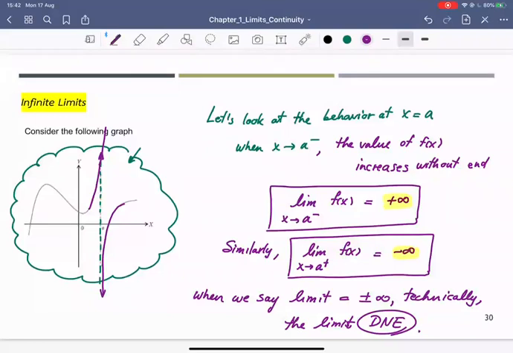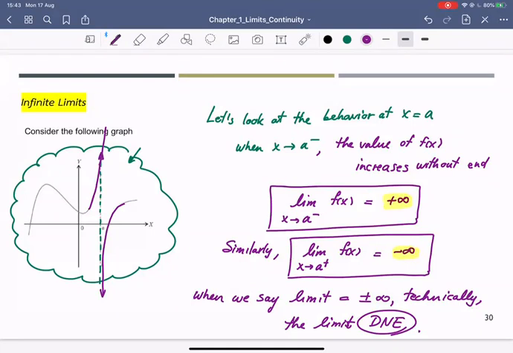Infinity and minus infinity are both notations, they are not real numbers. That means this is a case where the limit does not exist, but we know the pattern that it does not exist because it goes to infinity or to negative infinity. Does it make sense? I will repeat again. When the limit is equal to plus or minus infinity, we say the limit does not exist. It's just one case of does not exist.